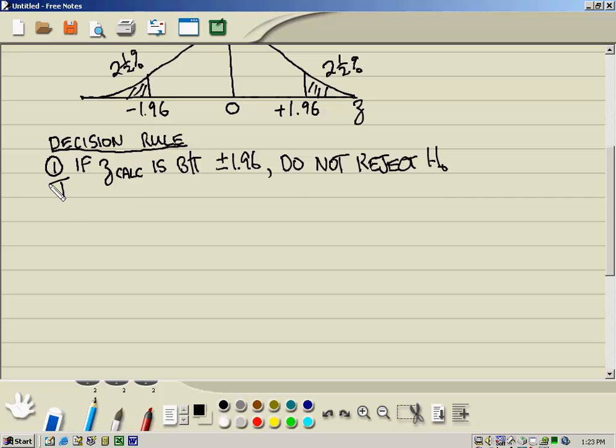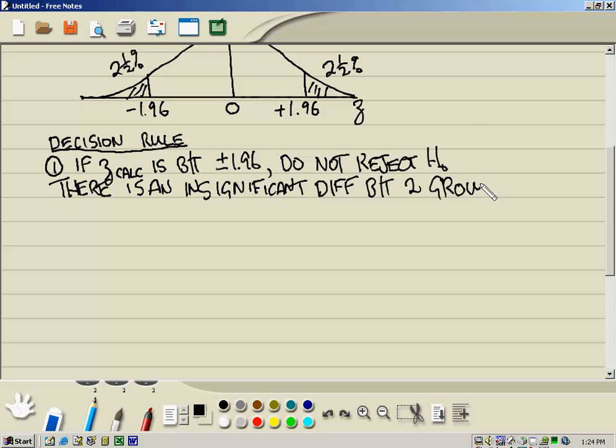And our interpretation now, we can say there is an insignificant, statistically insignificant difference between the two groups. Insignificant means just like possible, they're the same. You can't tell if they're different or not. They're too close together.